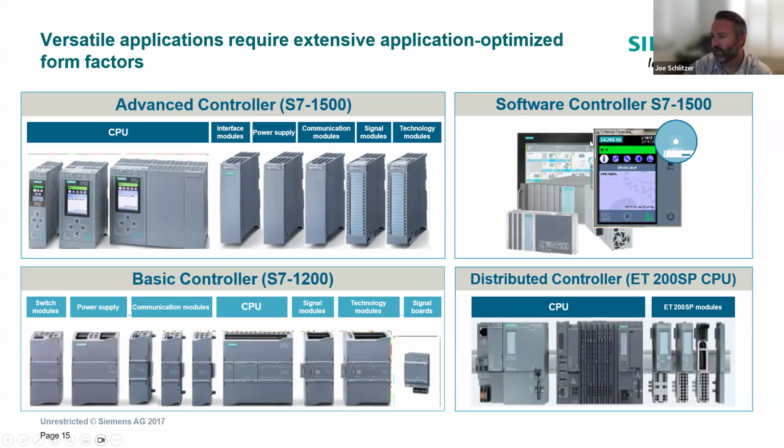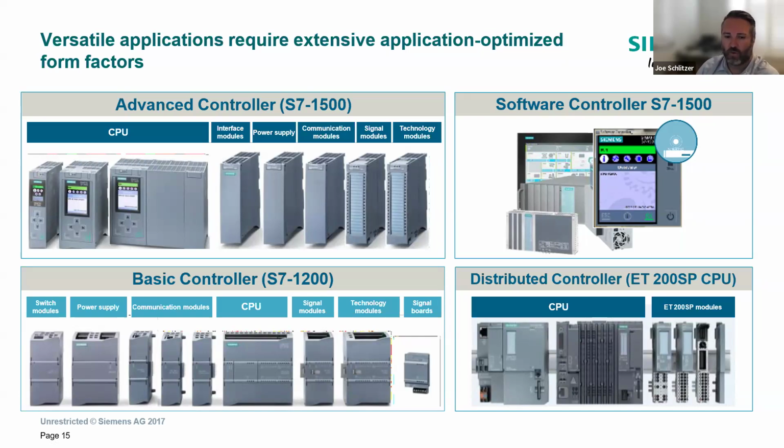And then to the upper right corner, we have our S7 1500 software controller. This makes use of all the same functionality of the S7 1500 controller, but it's just loaded onto a Simatic industrial PC. The benefit here is you could use it with some combination of higher level programming languages such as C++.